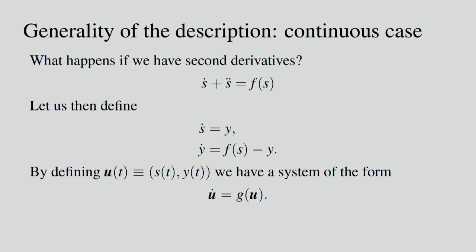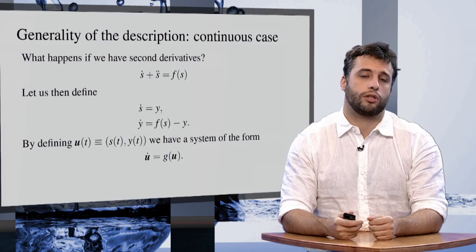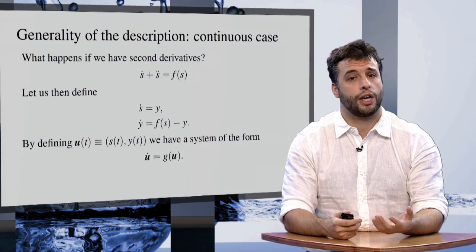We can define S dot, which is equal to y, and y dot, which is equal to f of s minus y. And then we define a vector, which is composed of s and y. And we have again a dynamical system which has exactly the same form as the previous one. So if we name u the vector composed of these two components, s and y, we can construct a dynamical system which is u dot equal to some function g of u.